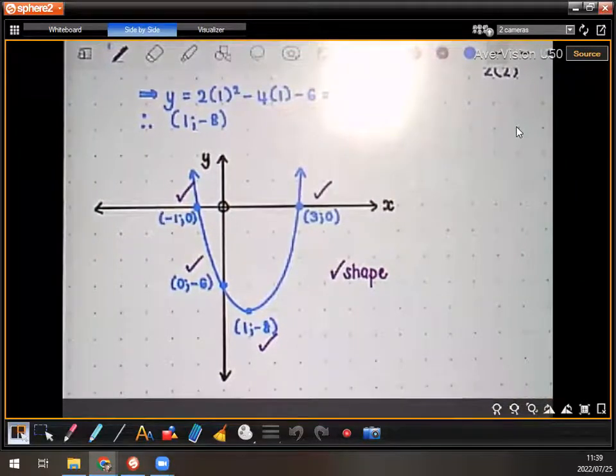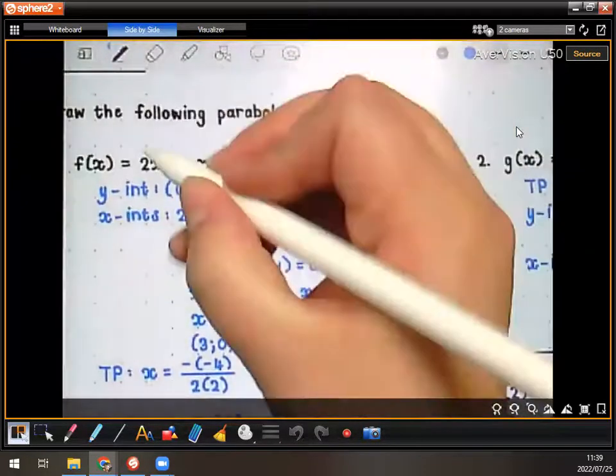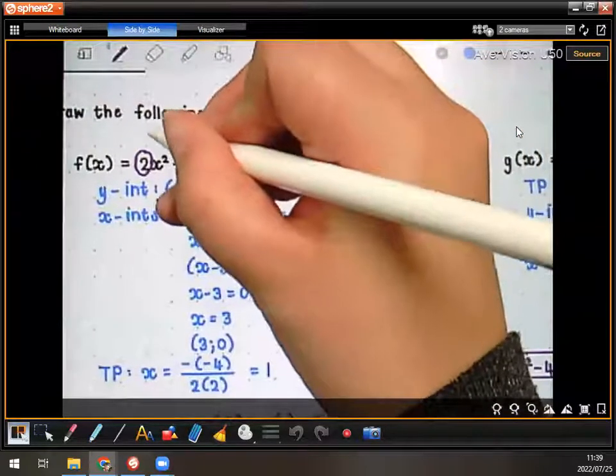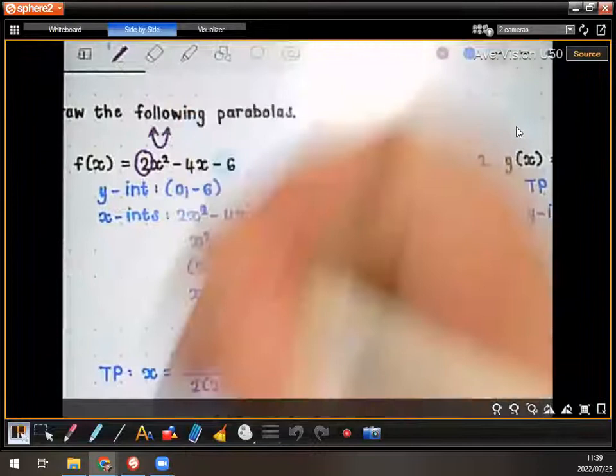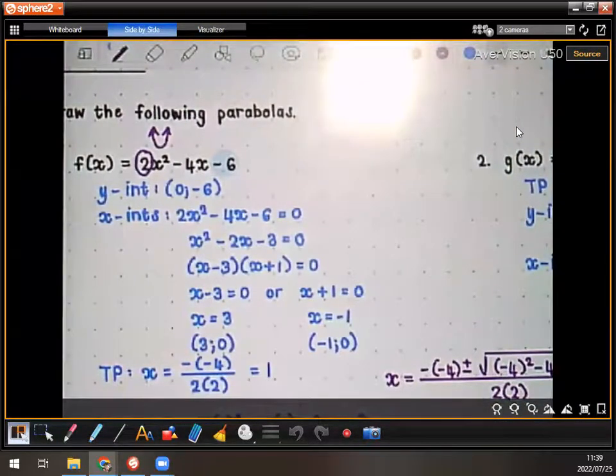But guys, I think I told you this last time already, but I'm just going to say again, if you have to draw a graph, a parabola, and you don't have enough time or you can't remember how to, remember that we look at our a value, right? The number in front of x squared tells us what the shape of this graph is going to be, right? So because that's positive 2, it's an upwards facing parabola.